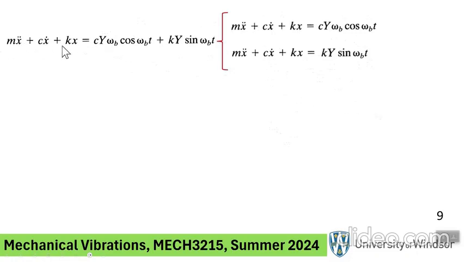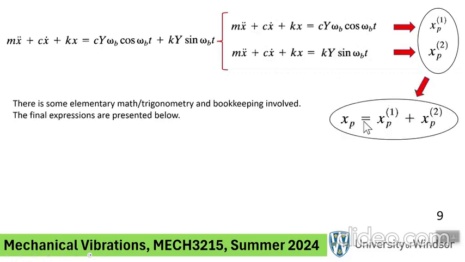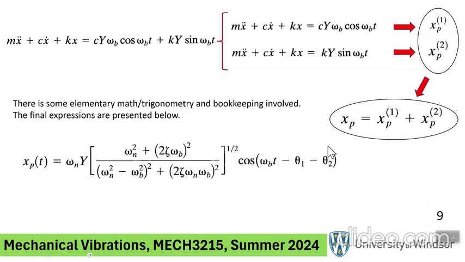So instead of solving this equal to the sum of two terms, I do this equal to the first term, solve it, and this equal to the second term, solve it. I get x1 and x2, and then add them up to get the final answer. Now, if you patiently do that, as the textbook Inman does, or if you take my word, the final answer for xp is going to be like this.